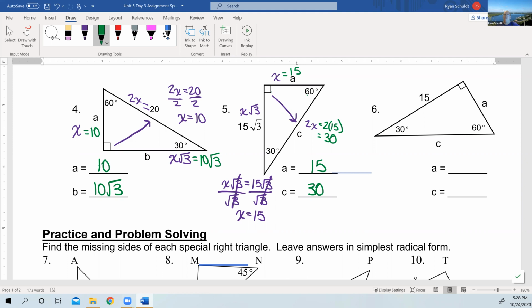Okay, so let's label the sides. First one, 2x is the hypotenuse. The one across from the right angle is 2x. Short side is x. Long leg, x square roots of 3. Now I need to use this to make an equation. X square roots of 3 equals 15.